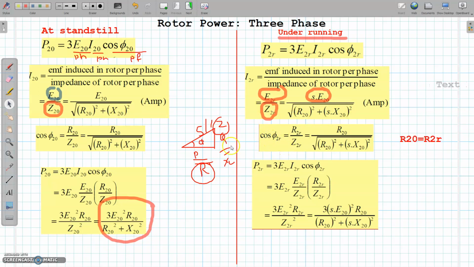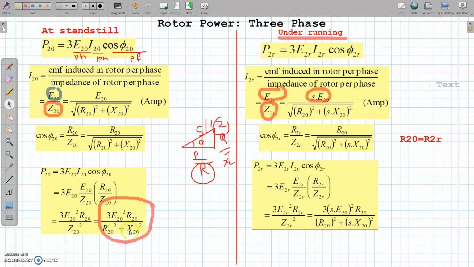Similarly, we will calculate the power factor. The power factor is again R by Z, that is cos phi 2R, hence it is R2R divided by Z2R. So it gives me R20 upon under root R20 square plus S X20 square. If we substitute these values into the power equation, 3E2R into I2R into cos phi 2R, substituting I2R and cos phi 2R from these equations, I will get 3 S E20 square R20 upon R20 square plus S X20 square.